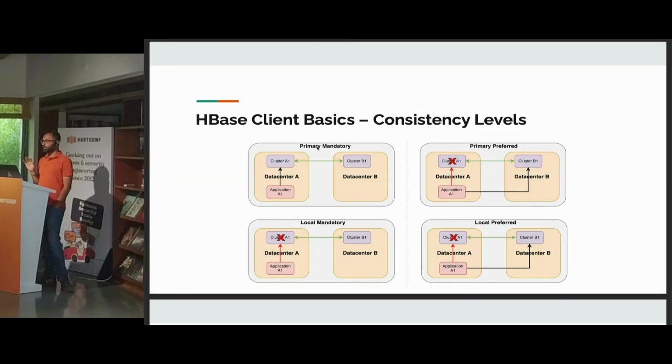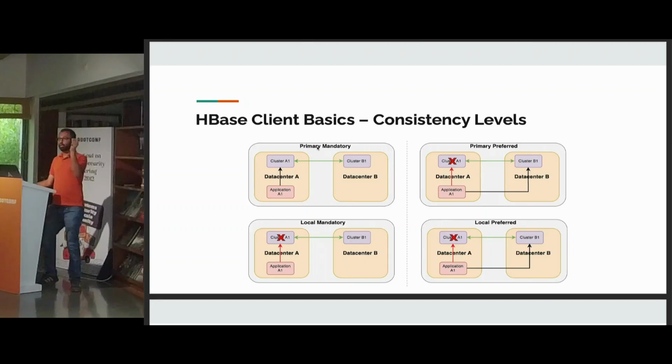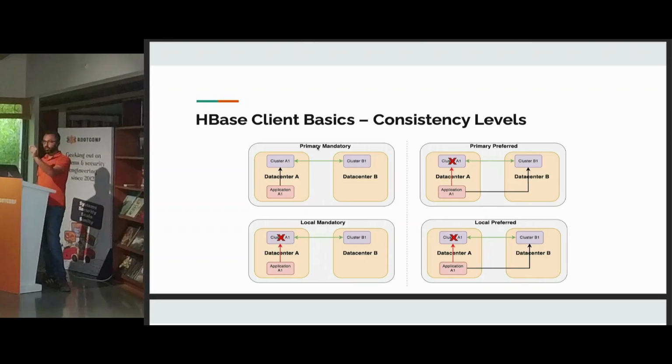What is the primary? In a replica set, say you have 2 clusters. One cluster is responsible for customers identified from 1 to 100, and the cluster in data center B is responsible for 100 to 200.